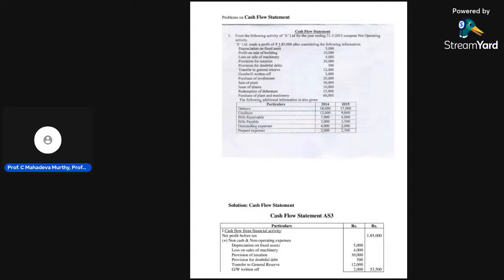Debtors 2014 18,000, 2015 17,000; creditors 2014 12,000, 2015 9,000; bills receivable 2014 7,000, 2015 4,000; bills payable 2014 3,000, 2015 3,500; outstanding expenses 4,000 and 2,000; prepaid expenses 2,000 and 2,500.